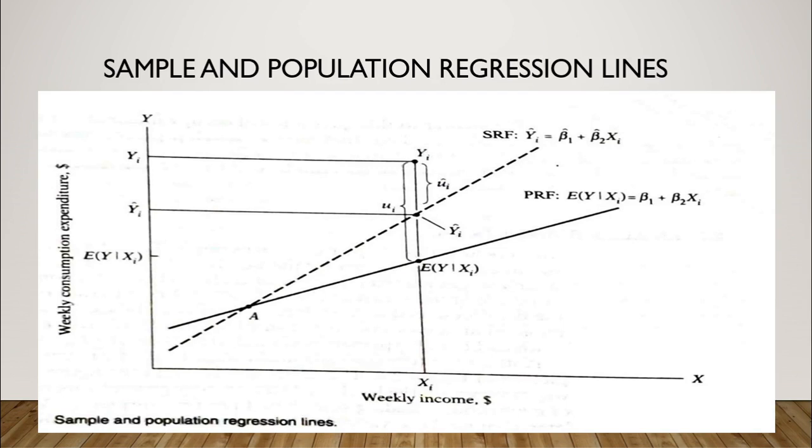So ui is equal to yi minus the expected value of y given xi. The estimated value of y on the basis of the sample regression function is denoted by yi hat. The difference between yi, the actual observation of y, and the estimated value yi hat is denoted by ui hat.